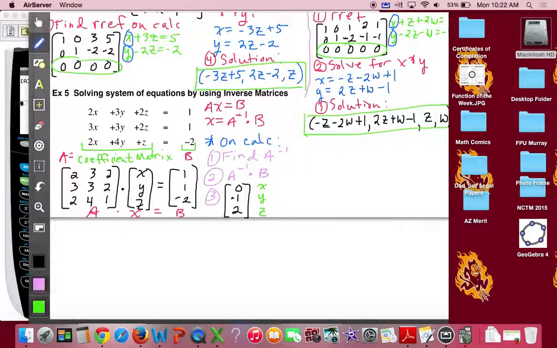And so your last step, step 4, is your solution. So your solution, turn it sideways: 0, negative 1, and 2. So it's just another way to do the same thing. You're like, well, that's more work. That's true. Just another way to find that same solution.